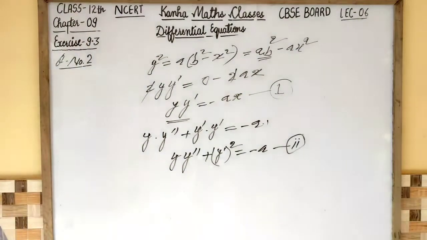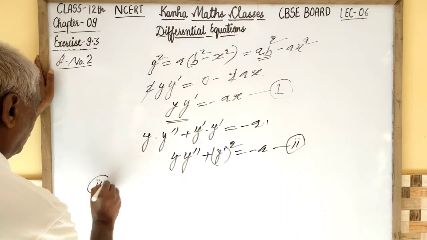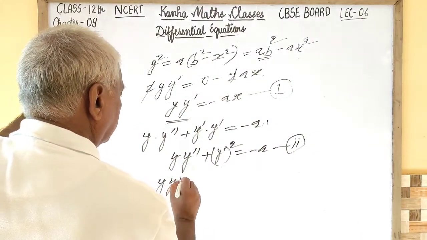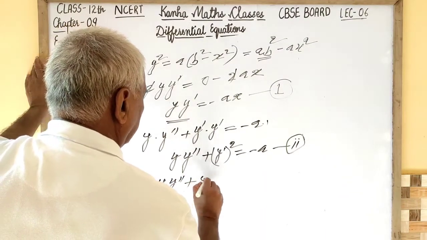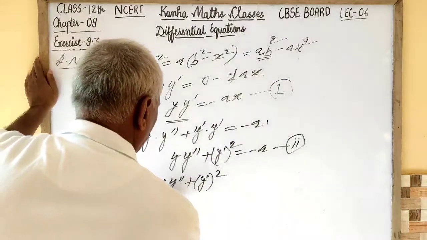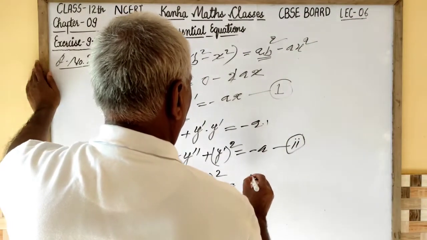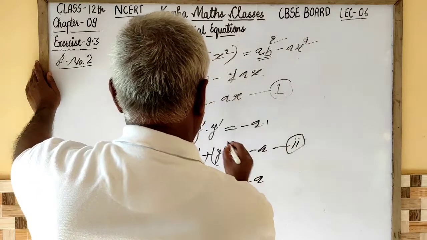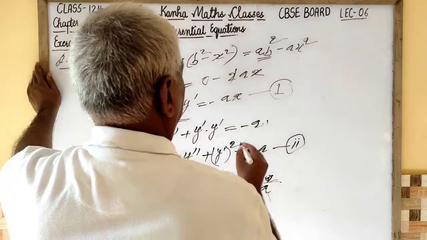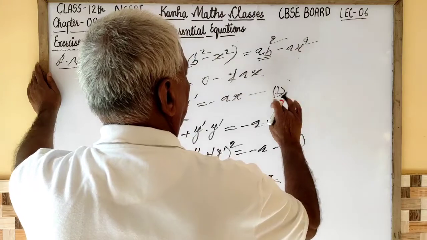If you divide equation number 2 by equation number 1, you will easily get y y double dash plus y dash square, and the left hand side of equation number 1 will be y y dash, and this is equal to minus a over minus a x, and this is equal to minus a, this will be cut.